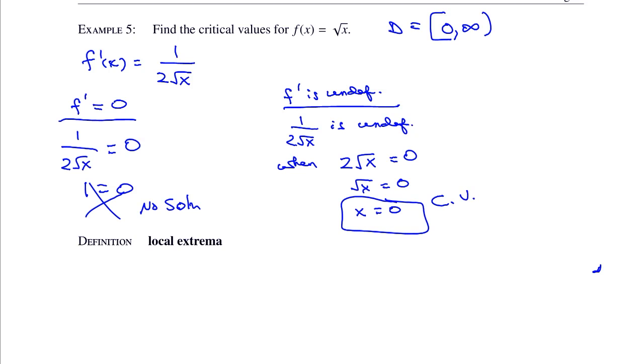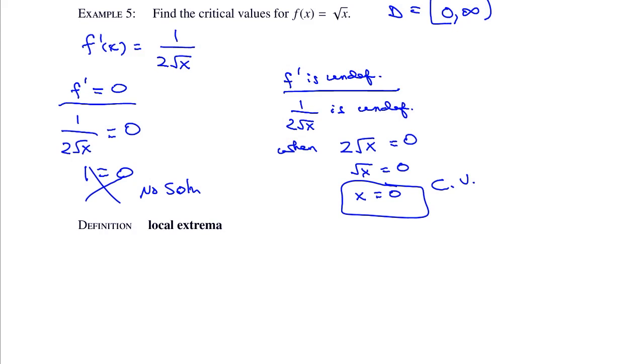If a function is undefined at a certain point, you still get that value when you find where the derivative is undefined, but because it was undefined to begin with, it doesn't count as a critical value. You still use it as a partition point, but it's technically not a critical value.